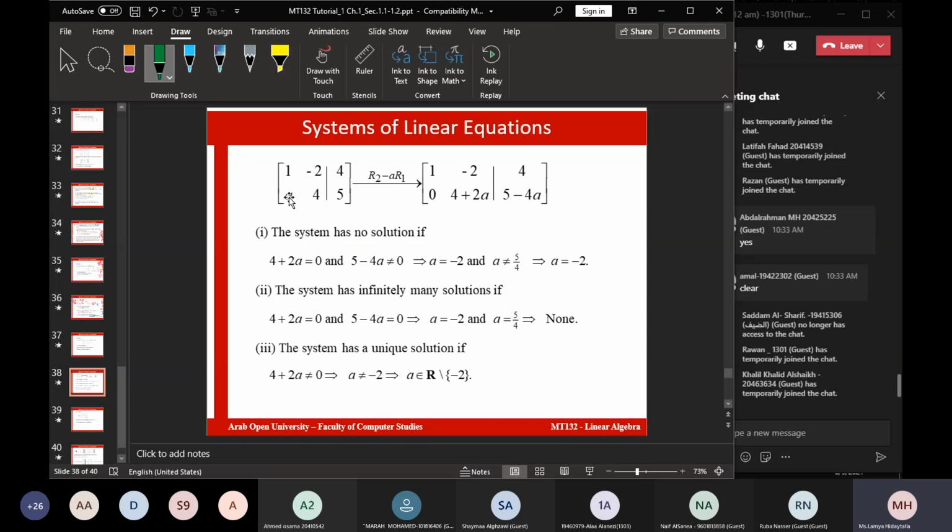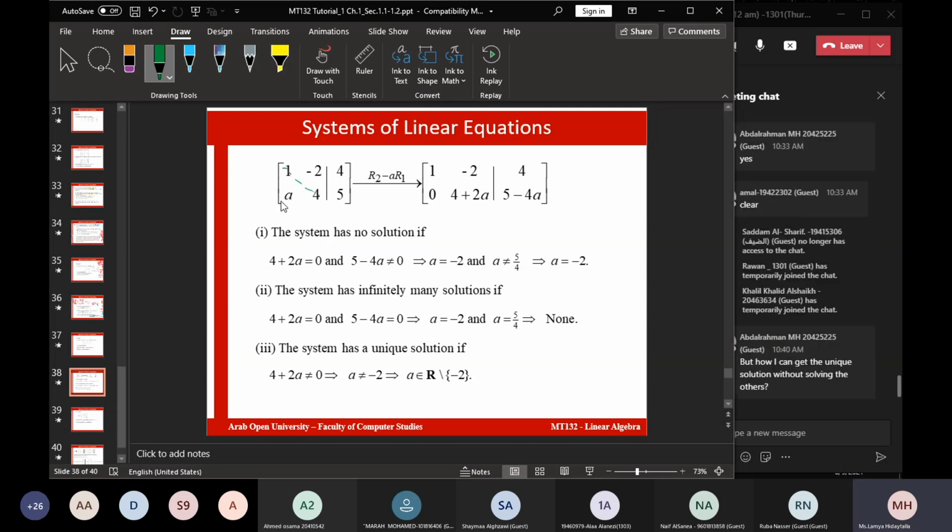Then I need this part to be equal to 0 below the diagonal. So how can I make it? I want this to be 0, so I use here the leading one. Here it's simple.